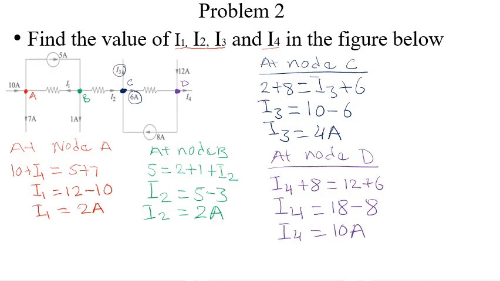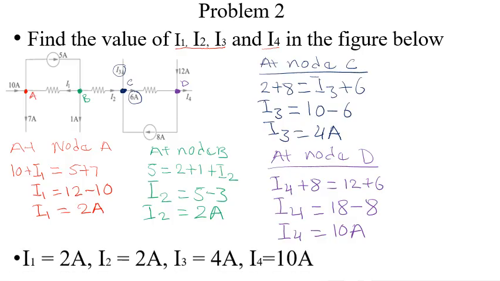And it's as simple as that. So basically, this is how we solve KCL questions. And the important thing here is to identify the nodes, then you are good to go. So we'll move on to KVL.